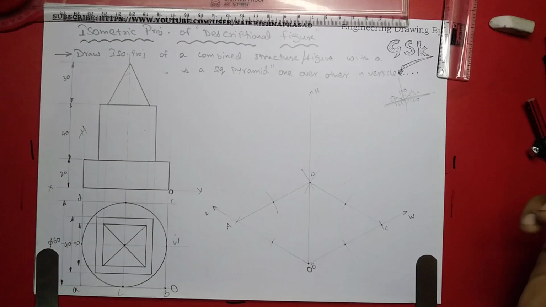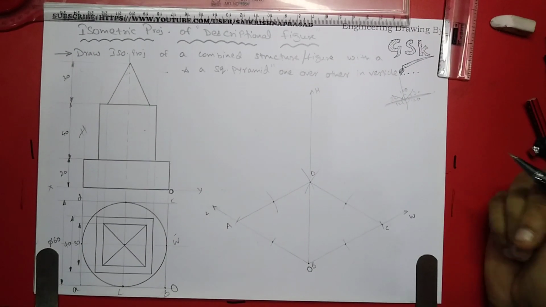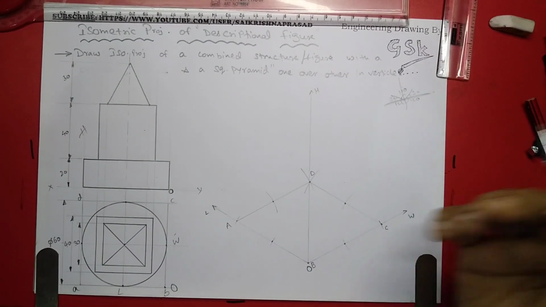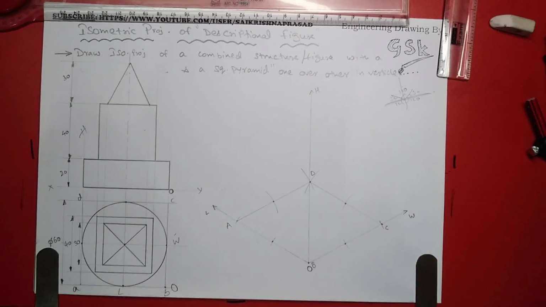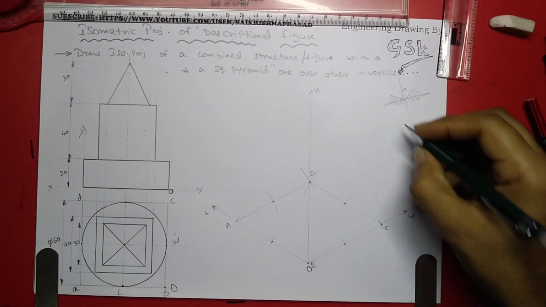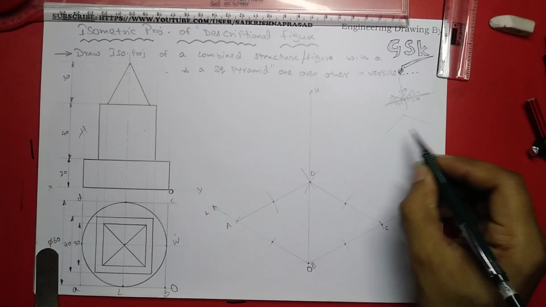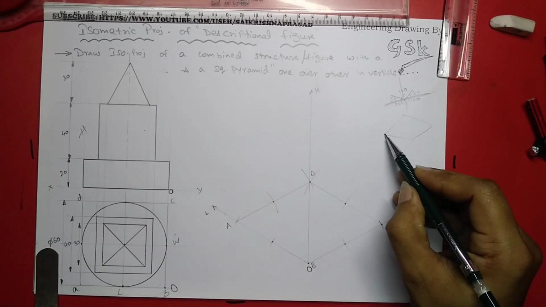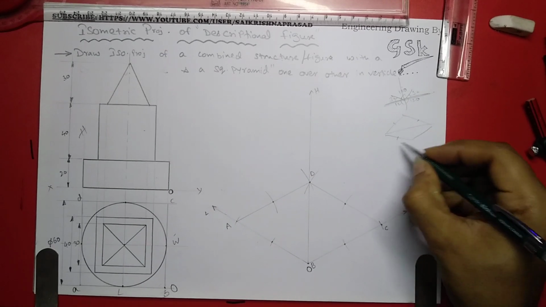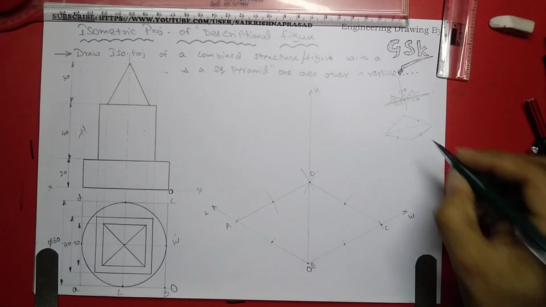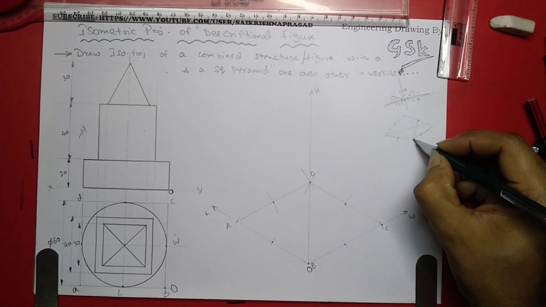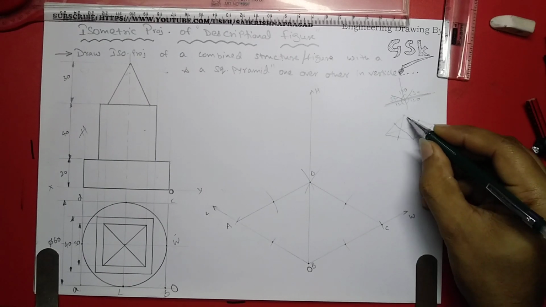So do we remember the method of how to construct an ellipse in the rhombus method, or else the four centric method? Four centric, 1 2 3 4, right? So this is a rhombus. We have midpoints, and we have to join this line to this, here, here, and here.